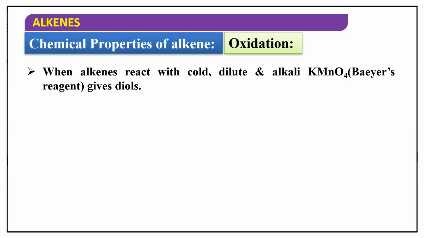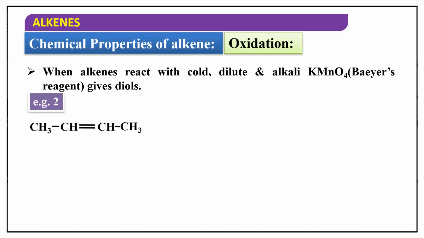So when we react alkenes with this, the product is not a carboxylic acid, but the product is a diol. Now, diol, as the name itself indicates, there'll be two OH groups. Ol is a suffix used for an alcohol. An alcohol is indicated by an OH group. So a diol is a compound that contains two OH groups.